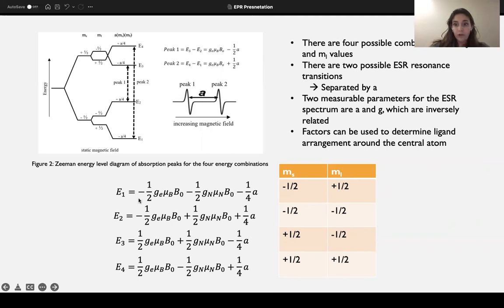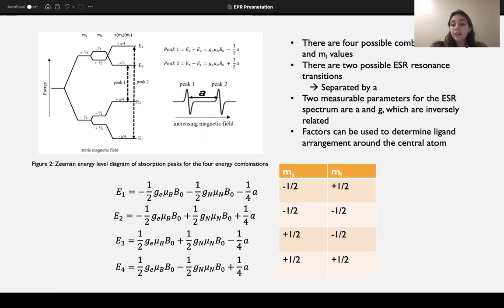The four possible combinations are listed down here, and they represent the E1 to E4 transition and the E2 to E3 transition. And you can see on the right of that energy diagram, the peaks are separated by the hyperfine coupling constant.